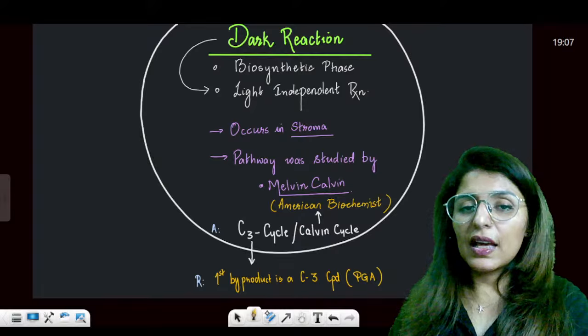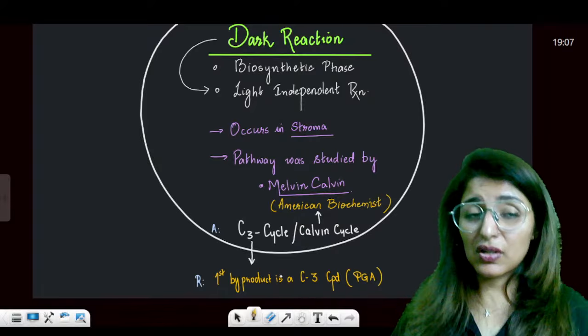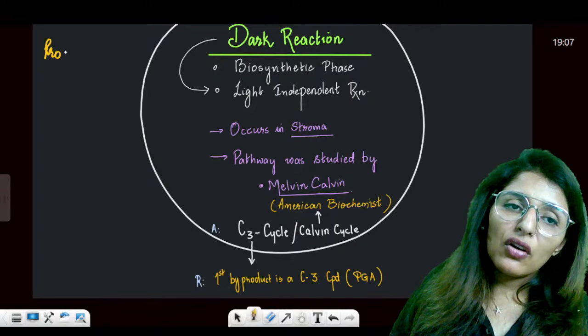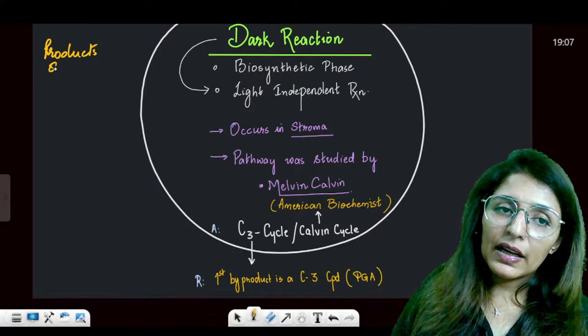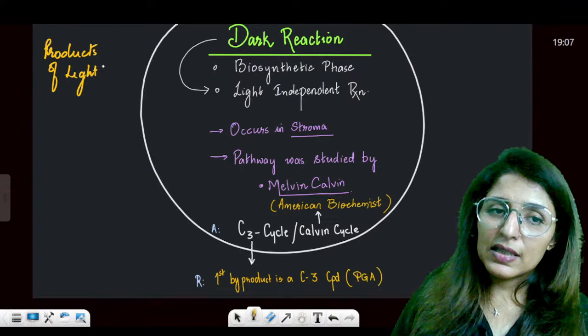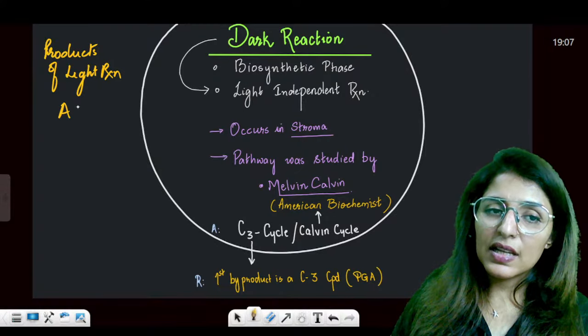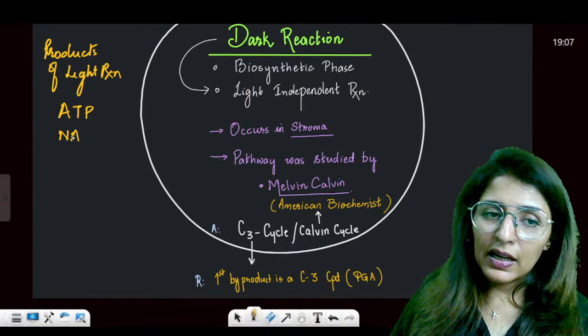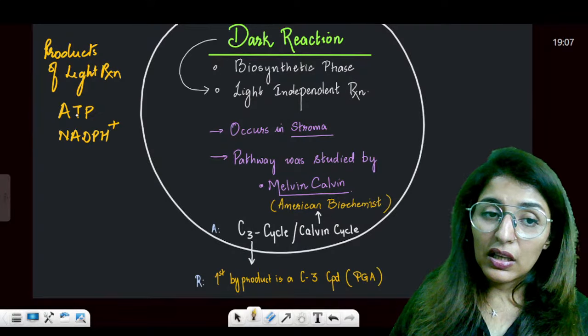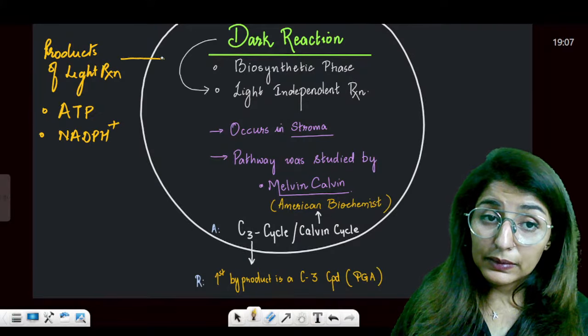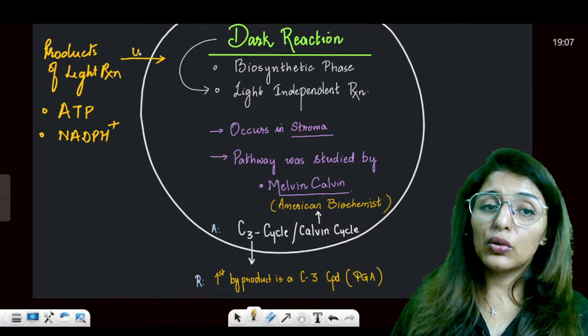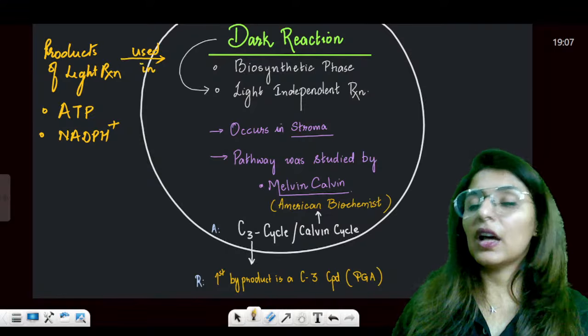Read these lines, and now coming to dark reaction. So the products of light reaction will be utilized here. Which products? One is ATP and second is NADPH. They are used in the dark reaction.